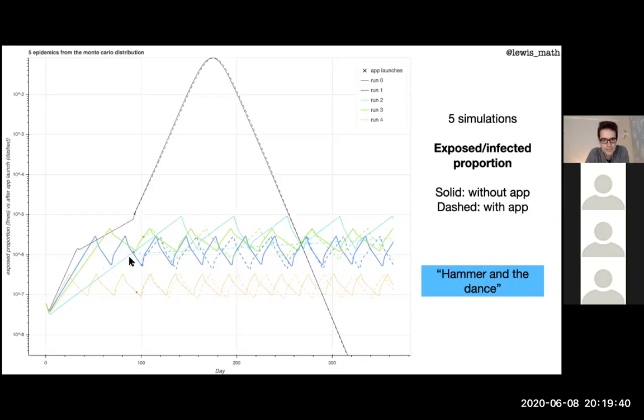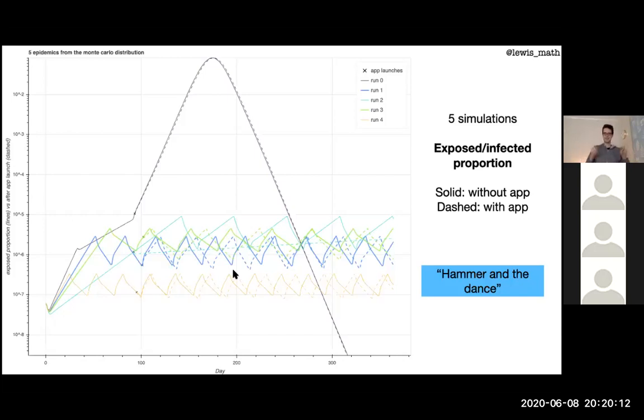We get this interesting sawtooth behavior because of that complicated lockdown idea that I built in. When incidence goes above a certain threshold, government locks down, R effective drops below 1, and things start to wane off again. Then after 30 days, I think it is in this simulation, you get tired of that, you open up again, the thing takes off again, and so you get this sawtooth in a lot of these cases.